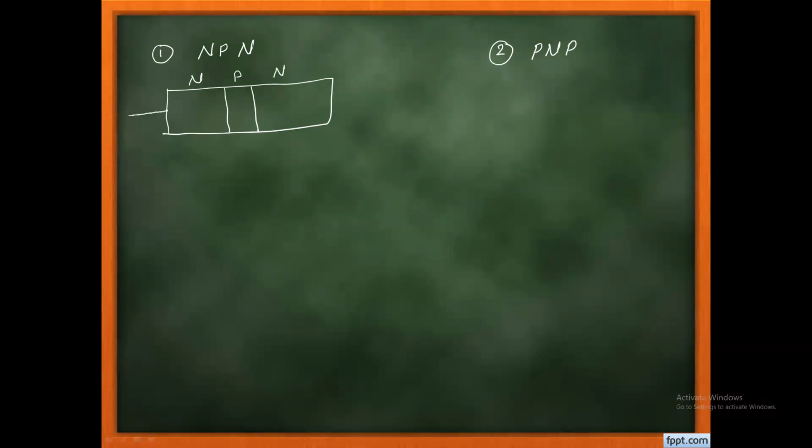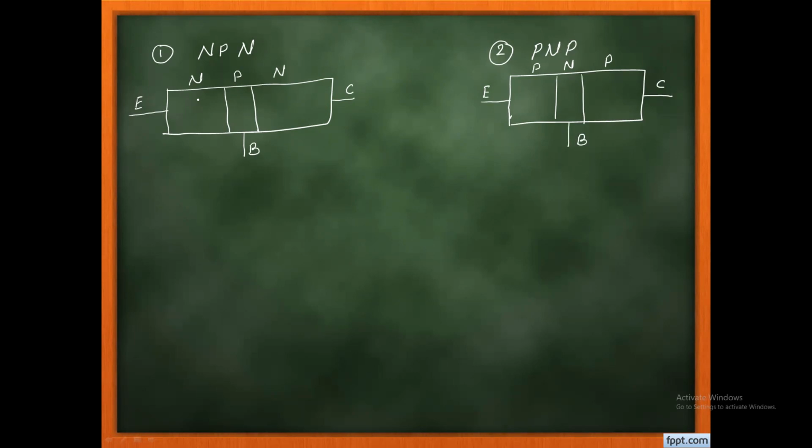So the two outer N regions act as an emitter and collector, and the middle region acts as a base. Similarly, when N type semiconductor is sandwiched between two P type of semiconductor, then it is called a PNP type of transistor. In this case, the two outer P regions act as an emitter and the collector, and the middle portion acts as a base.